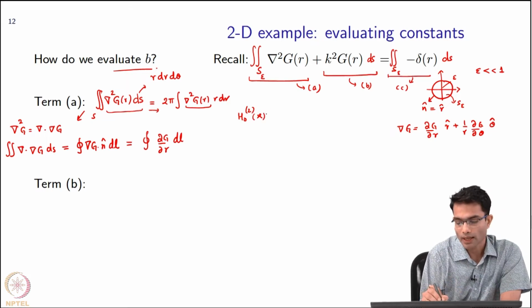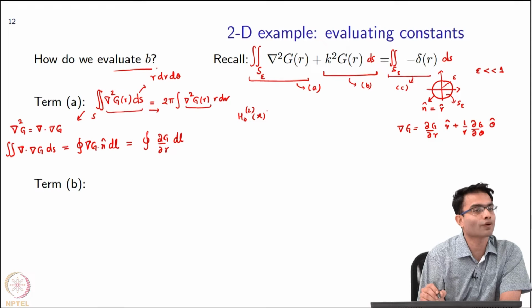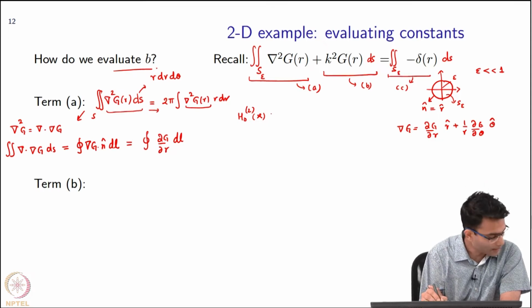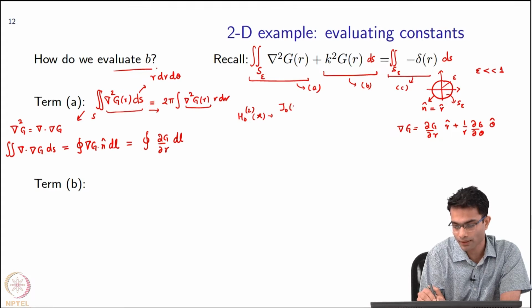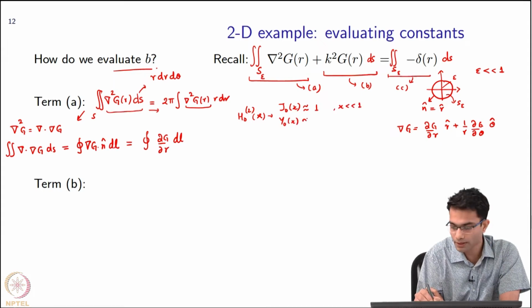There exists an asymptotic form for this when x is very small, and that is based on the fact that j0 of x is approximately 1 when x is much less than 1, and y0 of x is approximately 2 by pi log of x.